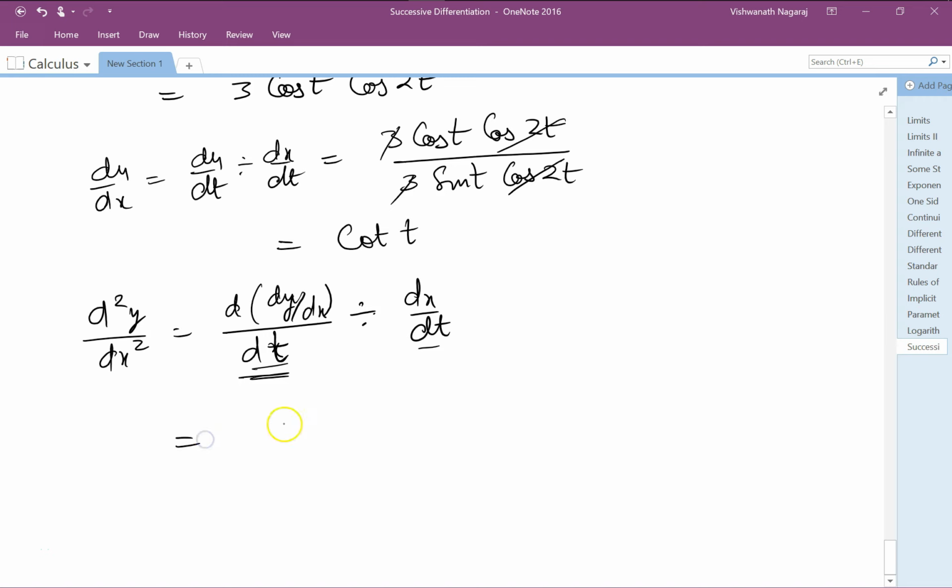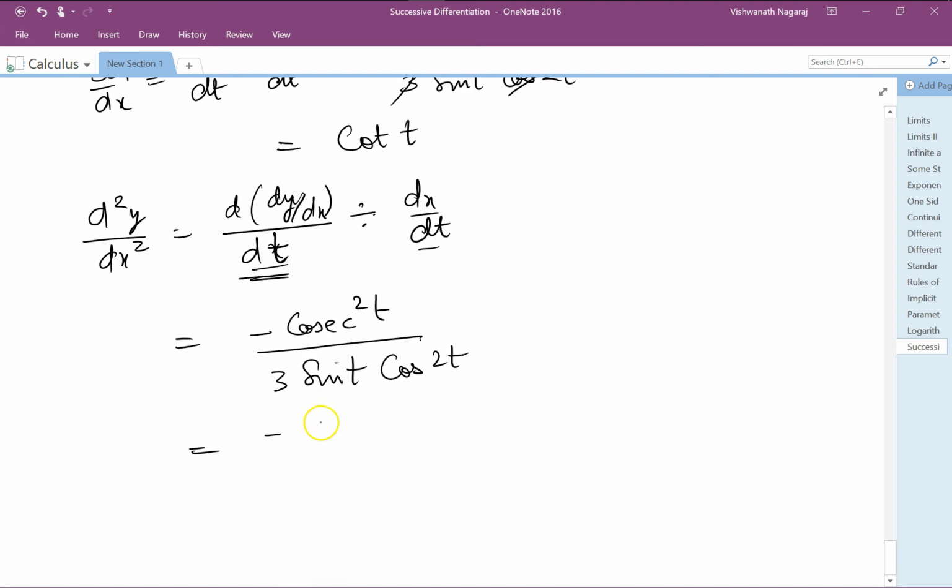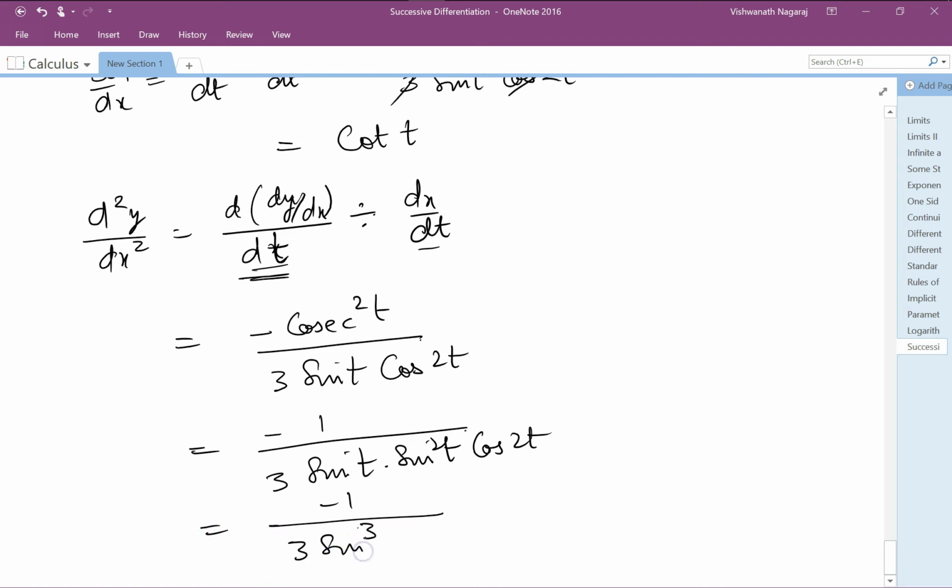So this will be equal to minus cosec square t, and dx by dt we have already done. dx by dt is 3 sin t cos 2t. Let's take it 1 by 3 sin t times sin square t cos 2t, which is minus 1 by 3 sin cube t cos 2t.